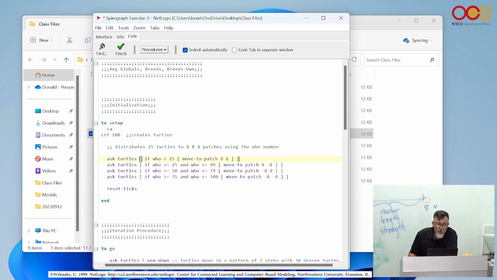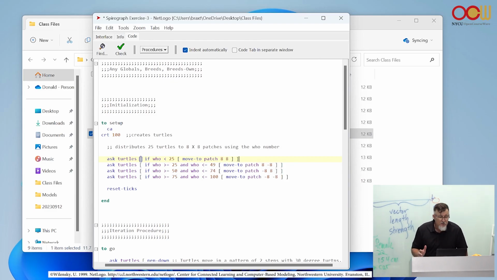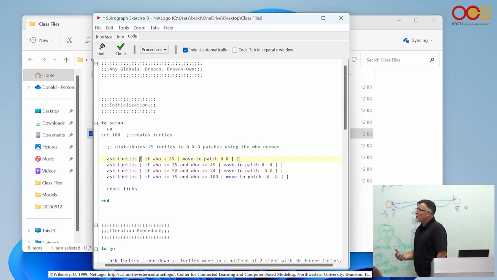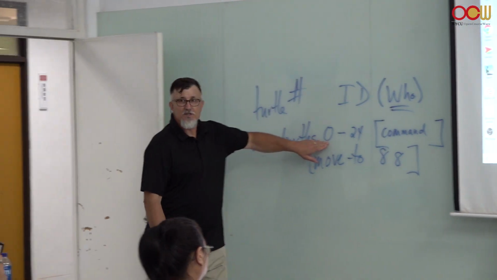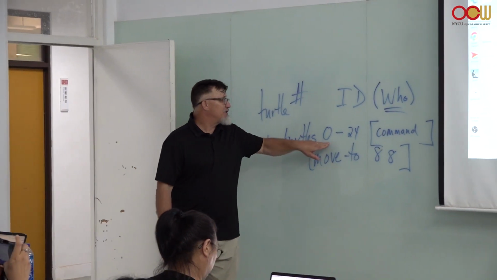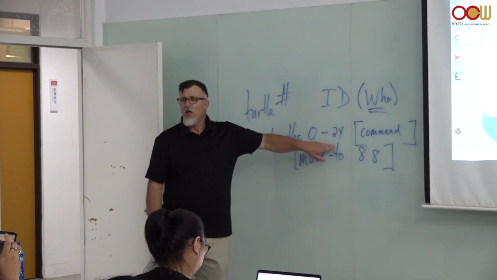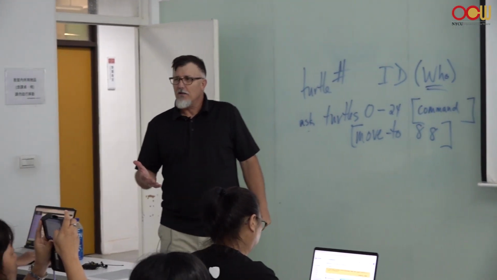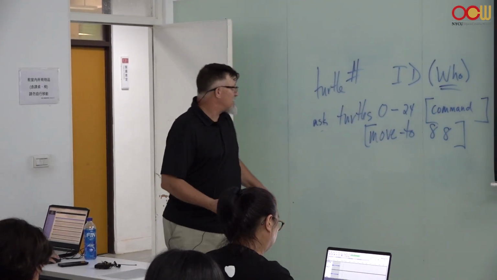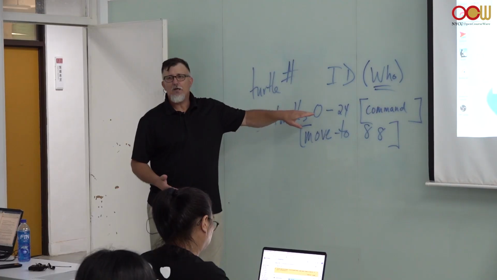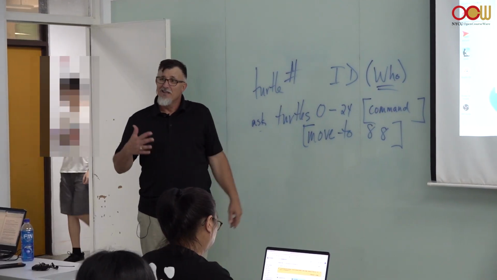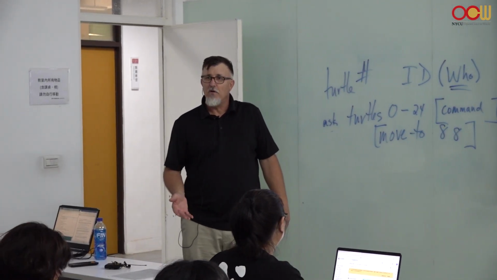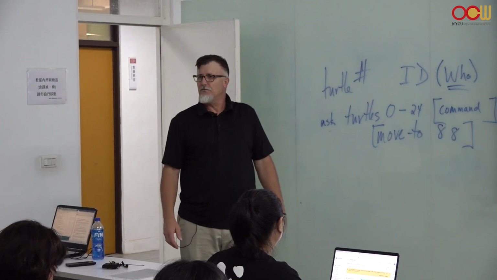Look at the way in which it's programmed here in this particular one. Ask turtles. Notice you could ask turtles 0 through 24, when in reality, it would be much easier to say, hey turtles, if your who number is less than 25, I want you to do this.